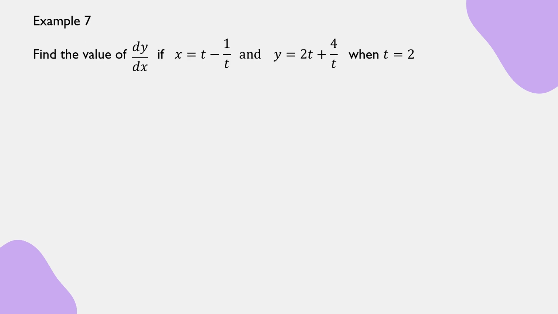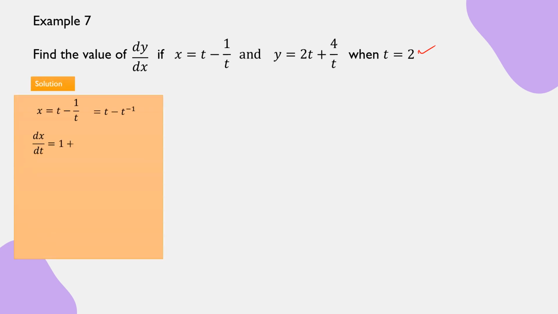Example 7. Find the value of dy/dx if x equals t minus 1 over t and y equals t plus 4 over t, when t equals a given value. So first of all, we find dx/dt. So dx/dt equals 1 plus t to the power of negative 2, or dx/dt equals (t squared plus 1) over t squared. Therefore, dt/dx equals t squared over (t squared plus 1).